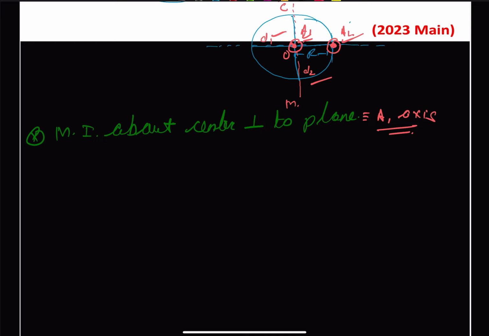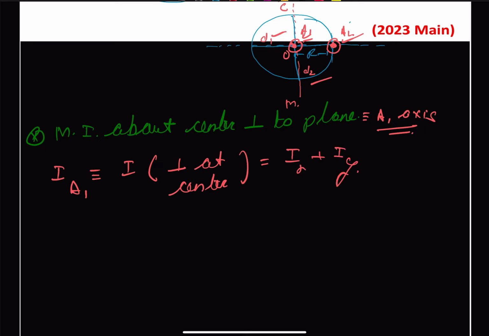So we can say that our I for A1, which we can also call moment of inertia perpendicular at the center, and from the perpendicular axis theorem we can write this will be equal to Ix plus Iy.